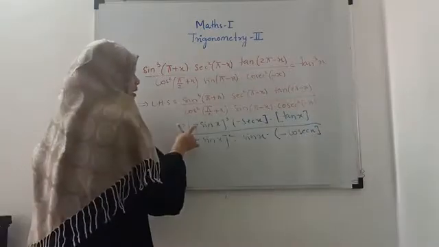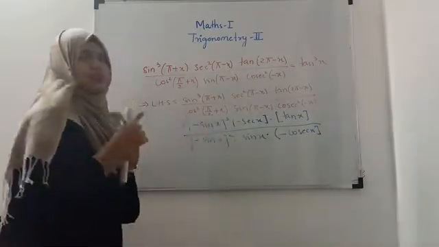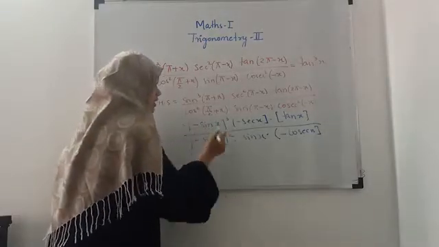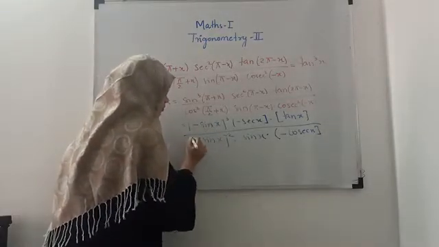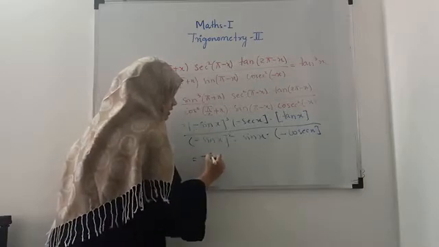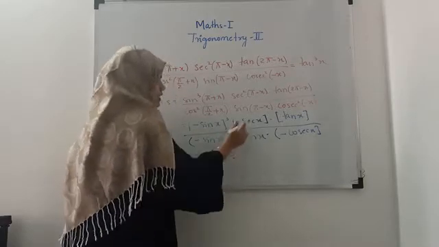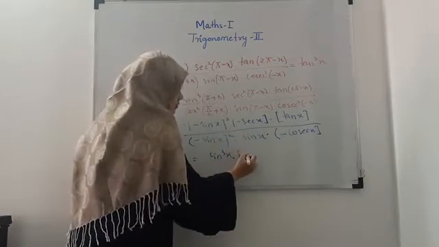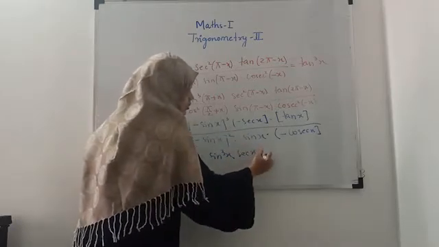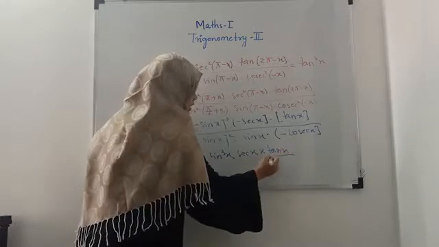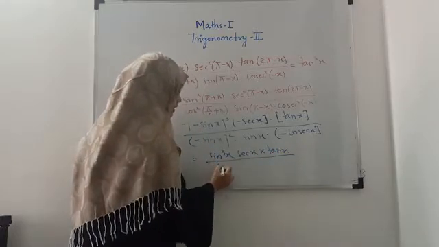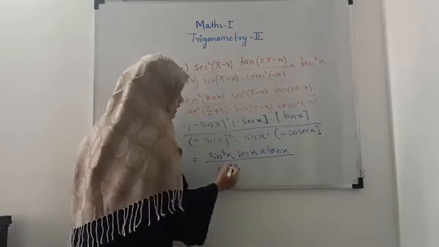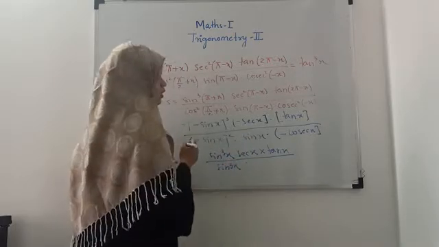Okay. Now here minus cube. So minus into minus into minus is minus. So three times minus will be minus only. Okay. So this is minus sine cube x. This minus and this minus will become plus. This is sec x into tan x divided by this is sine square x. See, this sine and this sine is sine cube x, right?